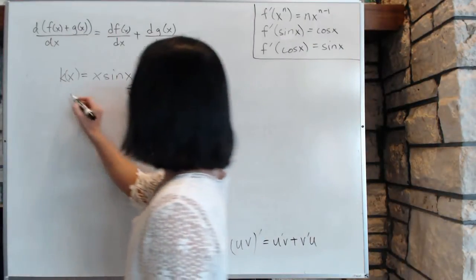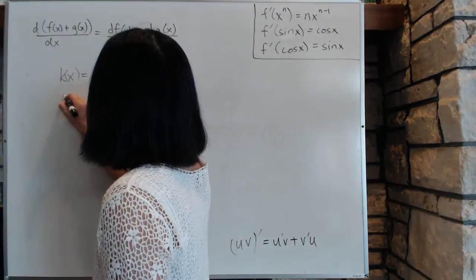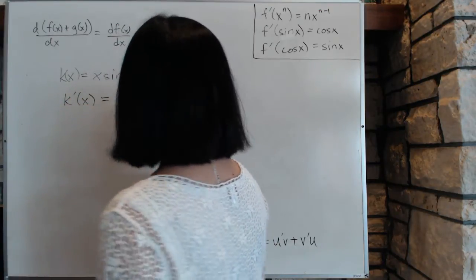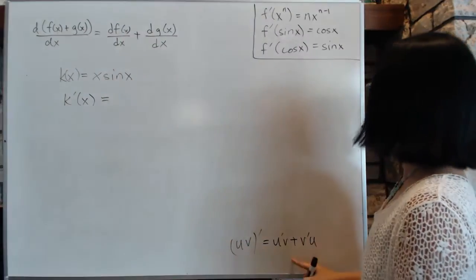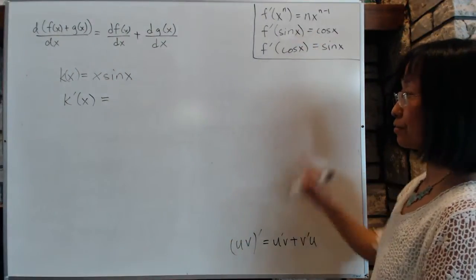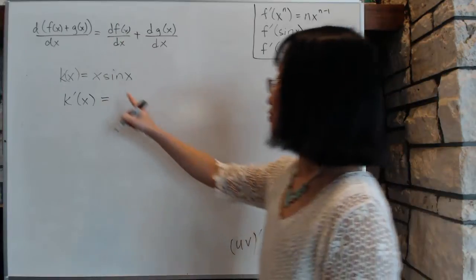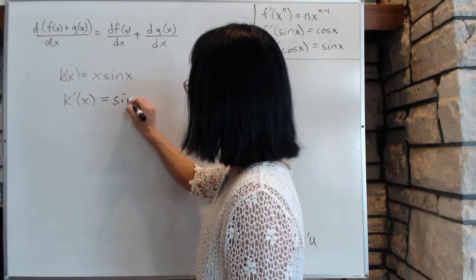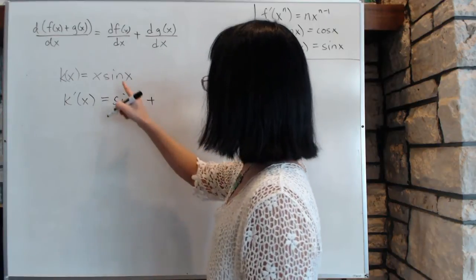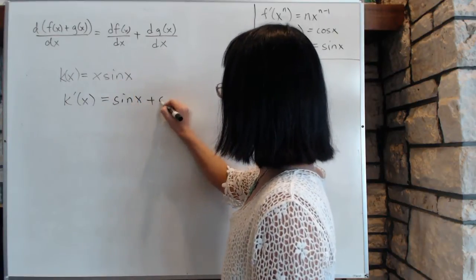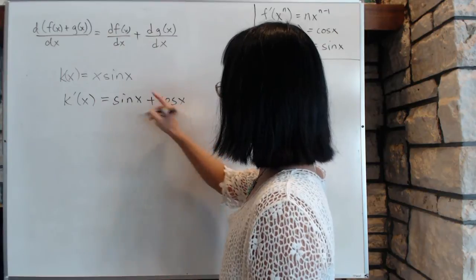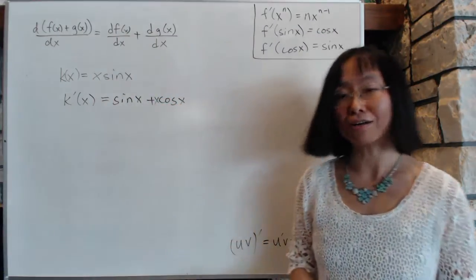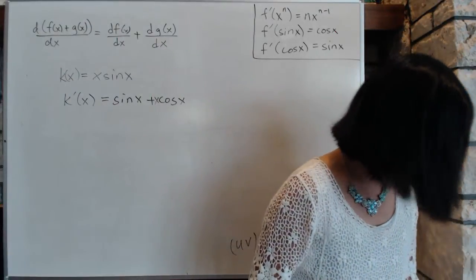Following this rule, the derivative of the first term, which is just 1, times sine x, plus the derivative of the second term, which is cosine x, times the first term, which is x. And that is the answer of the product.